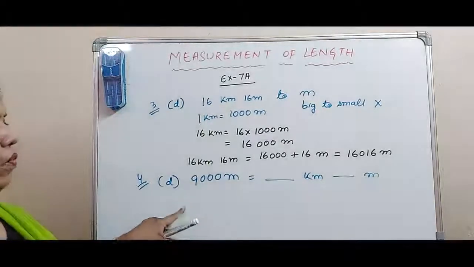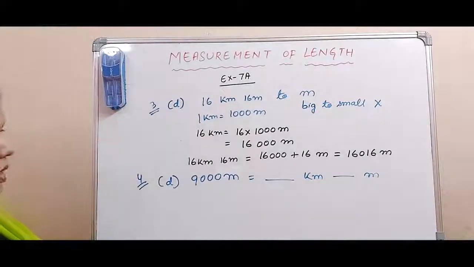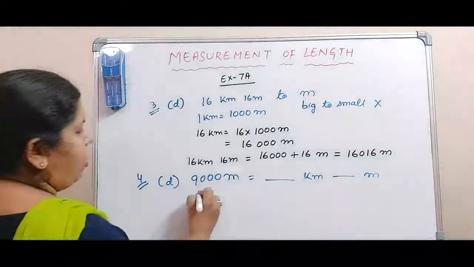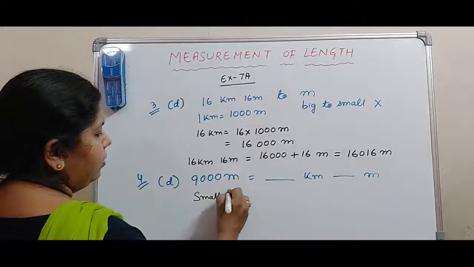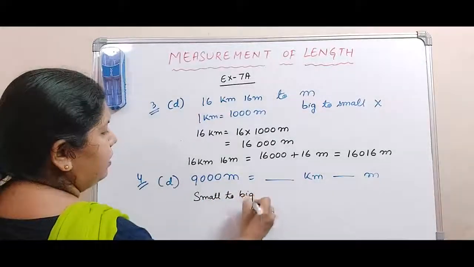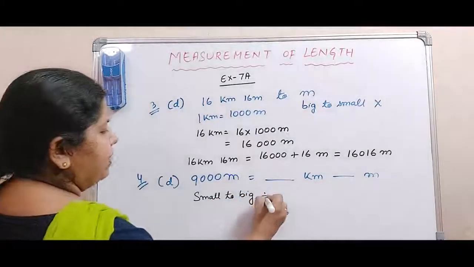Here what we have to do, what kind of conversion is this? From meter to kilometer means it is small to big. It is a small to big conversion, so you have to do division.